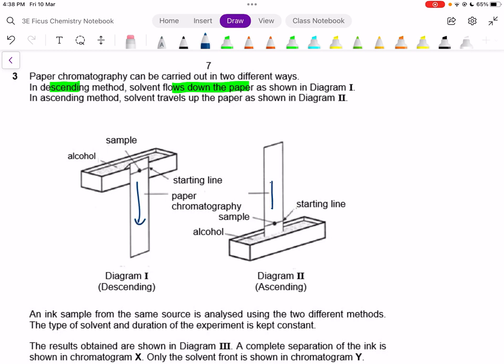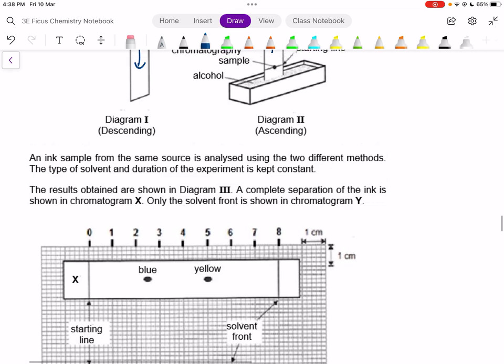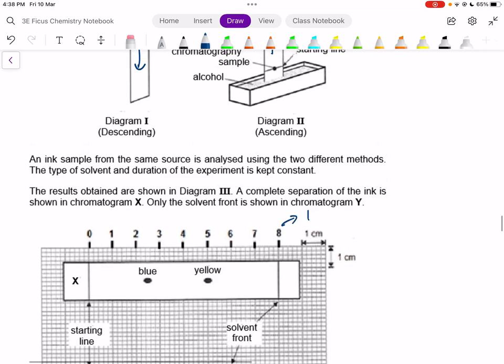This one you'll get the solvent to flow against gravity. So as a result, the chromatogram, you can see, it has a longer solvent front. Okay, so because of the pull of gravity, the solvent travels longer.